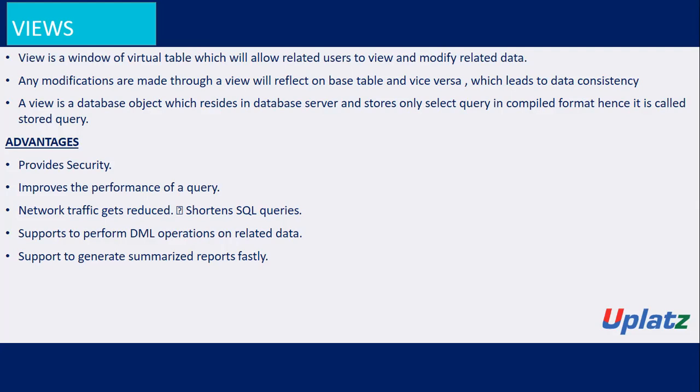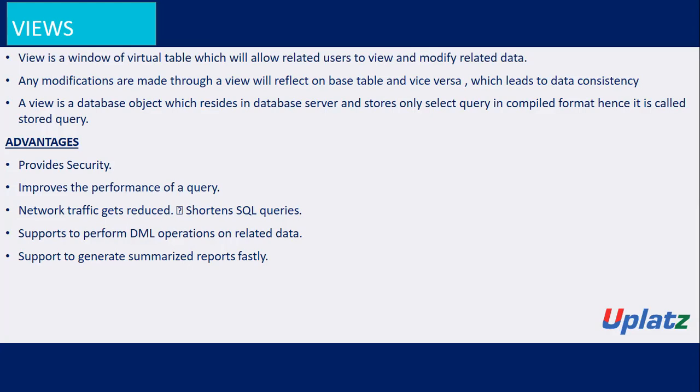So the view and the base table are both interrelated. That is what we have to understand here. Whatever changes we make on the view will be reflected on the base table as well. What is a base table?